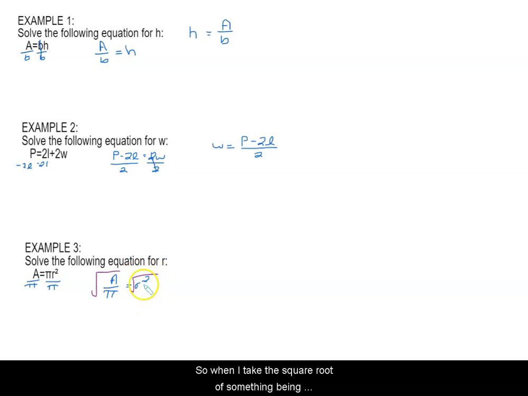So when I take the square root of something being squared, I am left with just the value, so r, and then equals, and then I would have square root A over pi. So our final formula solved for r would equal the square root of the quantity A divided by or over pi.